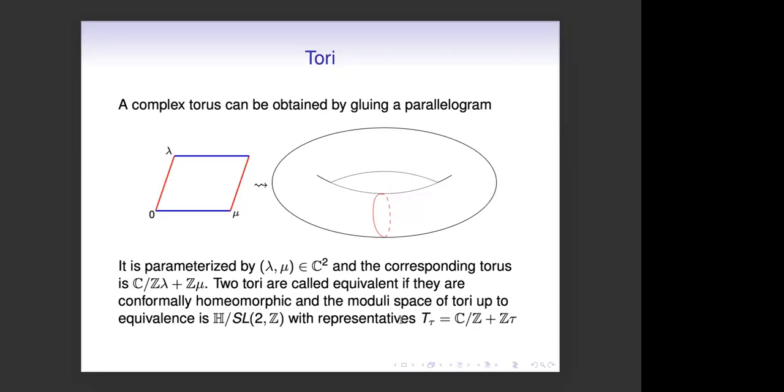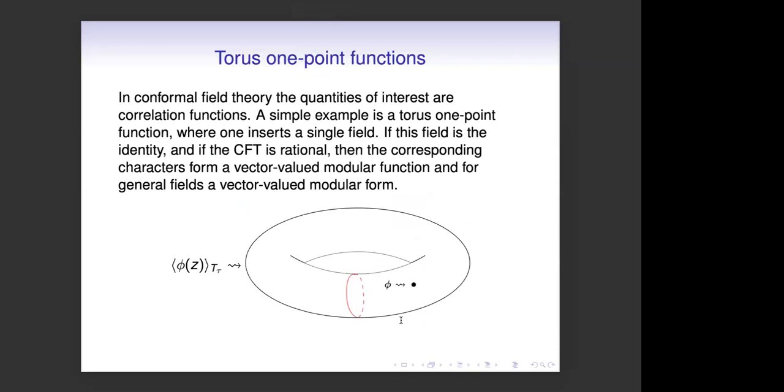This means in particular that a function on the upper half of the complex plane descends to a function on a given torus if it's modular invariant. And that's why in physics you would expect to get modular functions if you look at certain quantities, by which I mean correlation functions on the torus.